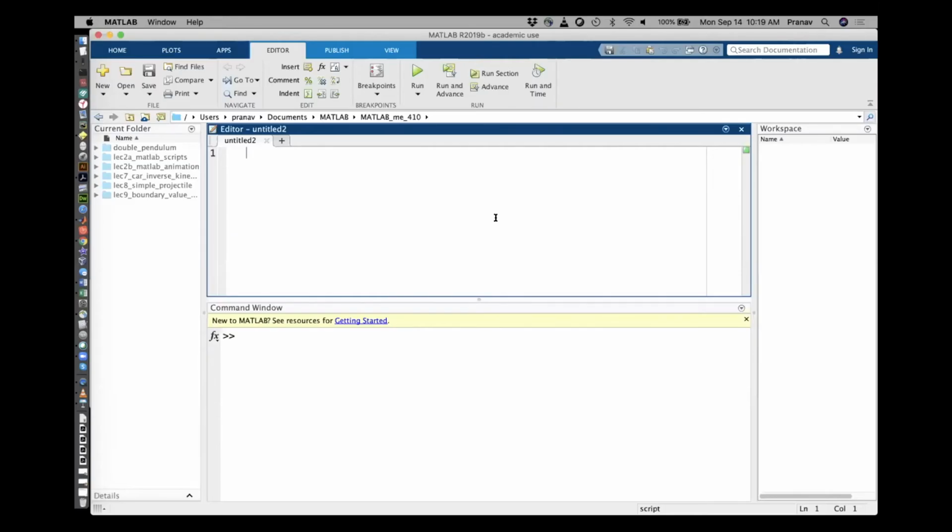Let's start. Let's first do the symbolic calculation. So first of all, I'll do clc and clear all. I don't need to do close all because I'm not going to generate any figures here. So symbolic differentiation.